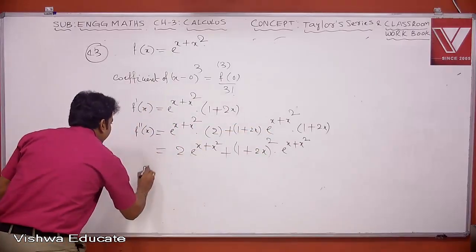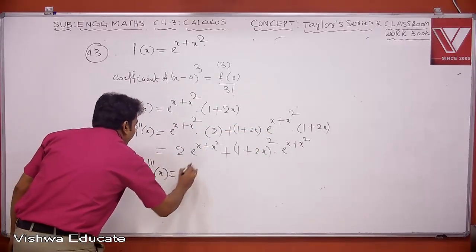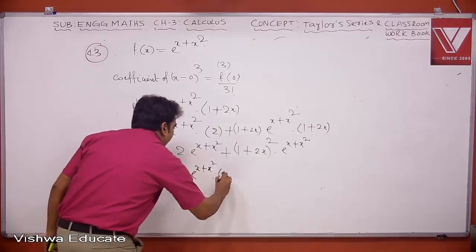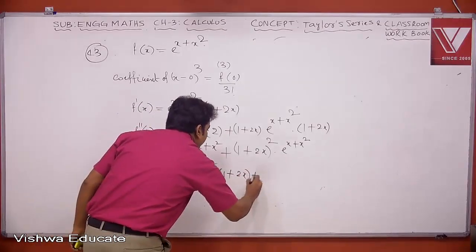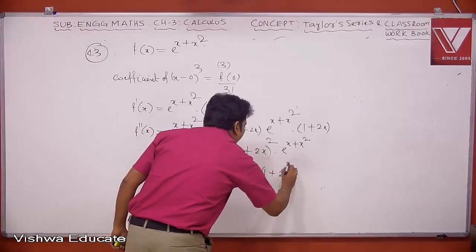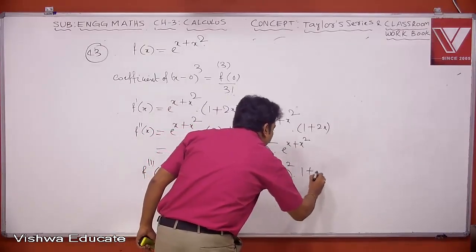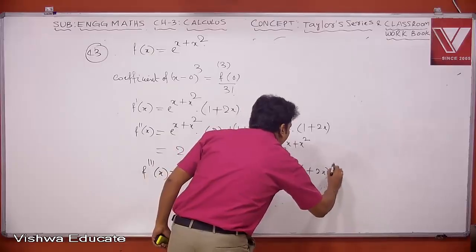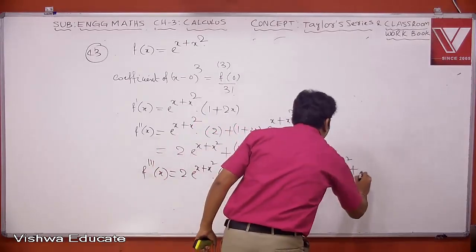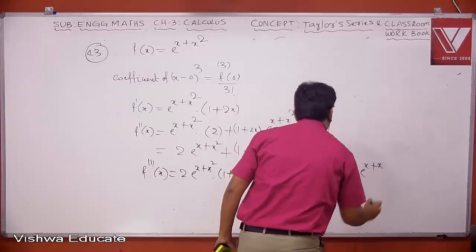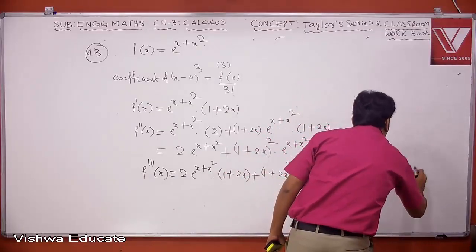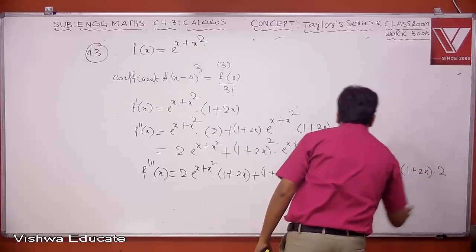Now apply the third derivative. This is 2 into e power (x plus x square) into its derivative 1 plus 2x. Now product rule here: (1 plus 2x) whole square into the derivative of e power (x plus x square), which is (1 plus 2x) into e power (x plus x square), plus e power (x plus x square) into the derivative of (1 plus 2x) whole square, which is 2 into (1 plus 2x) into 2.